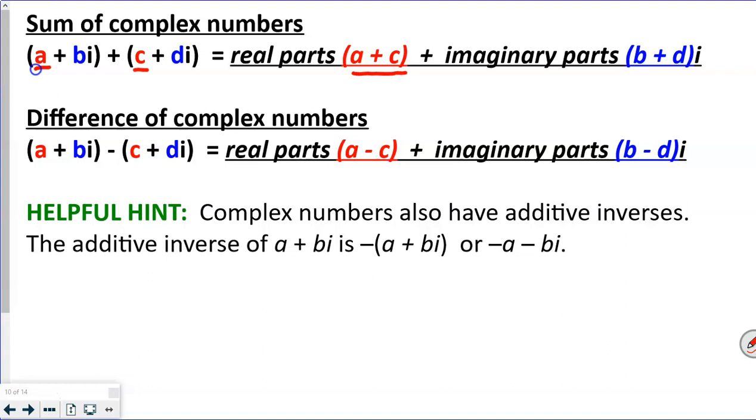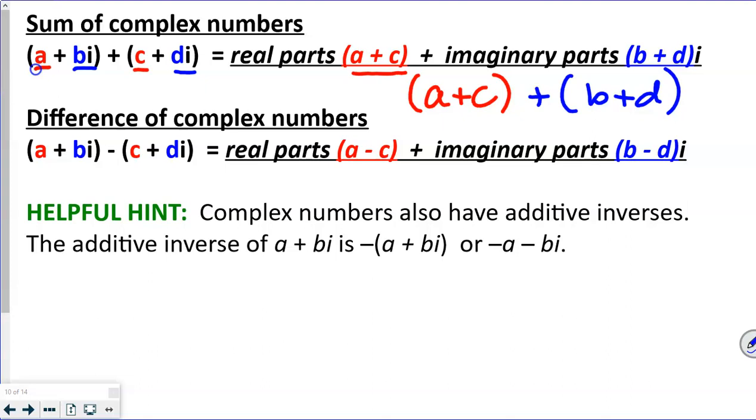And then we're going to add to it the imaginary parts again. So like terms, y'all see that? So what we're going to do here is a plus c, just like it's up there, right? And then we're going to add to that b plus d, okay?